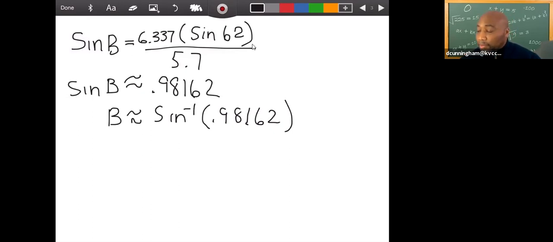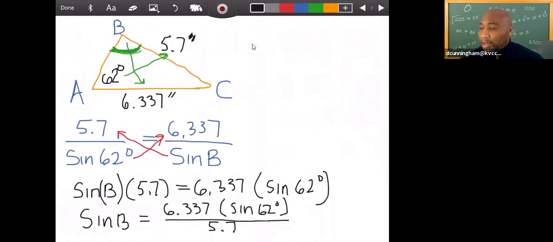This will give me an approximation that B will be very close to 79 degrees. So the sine inverse, or the arc sine, of 0.98162 is approximately 79 degrees. And therefore, going back to our previous screen, we know this angle will be 79 degrees.